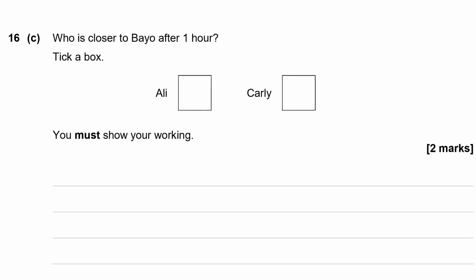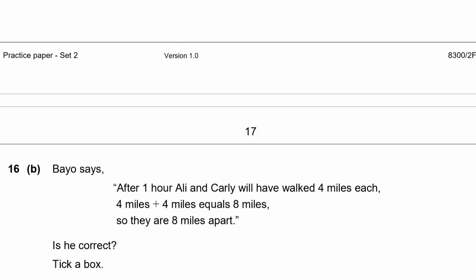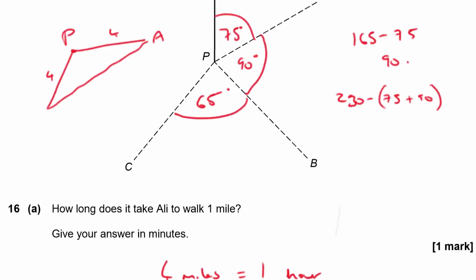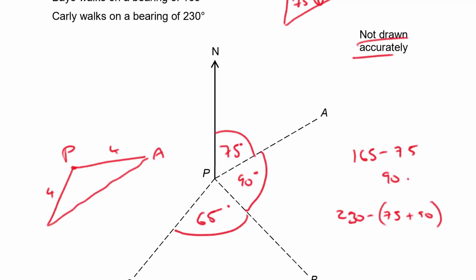And C says, who is closer to Bayo after 1 hour? Ali or Carly? Okay, so who is closer to this guy after 1 hour? Is it A or C? Now, I was beginning to think whether or not we'd wasted our time working out those angles earlier, but now I see that we haven't.